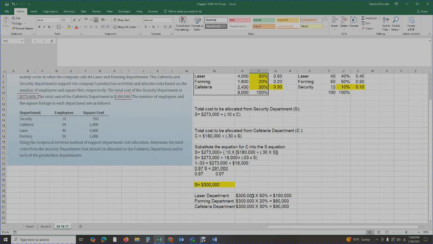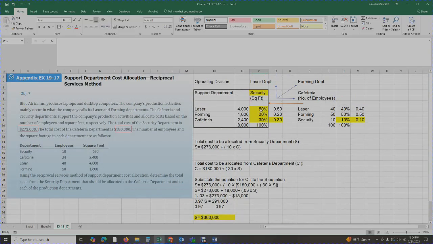Once you get those amounts, you simply distribute based on your allocation base up here, okay? So it is a little bit challenging, especially if we're not used to using algebraic equations. Don't forget, I forgot down here to multiply by the point 10. Remember, the point 10 needs to be multiplied by the 180, and the point 10 needs to be multiplied by the point 30 to get that updated figure down there.